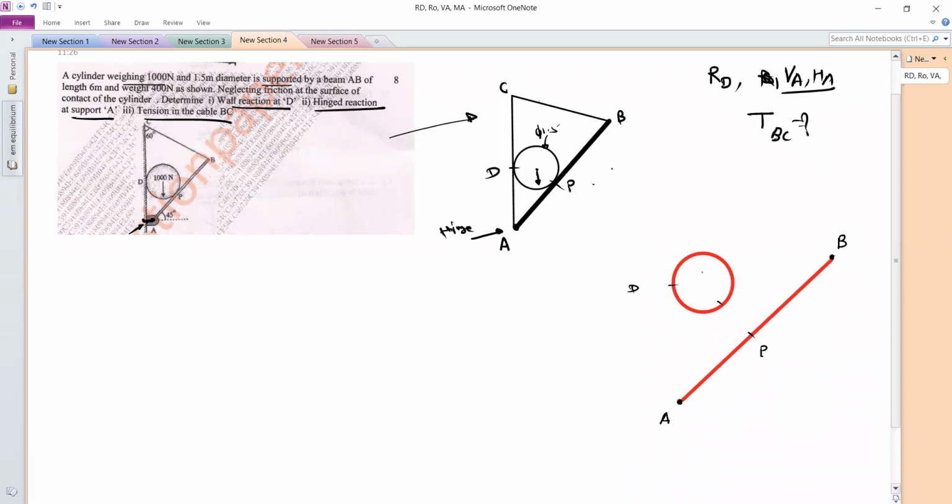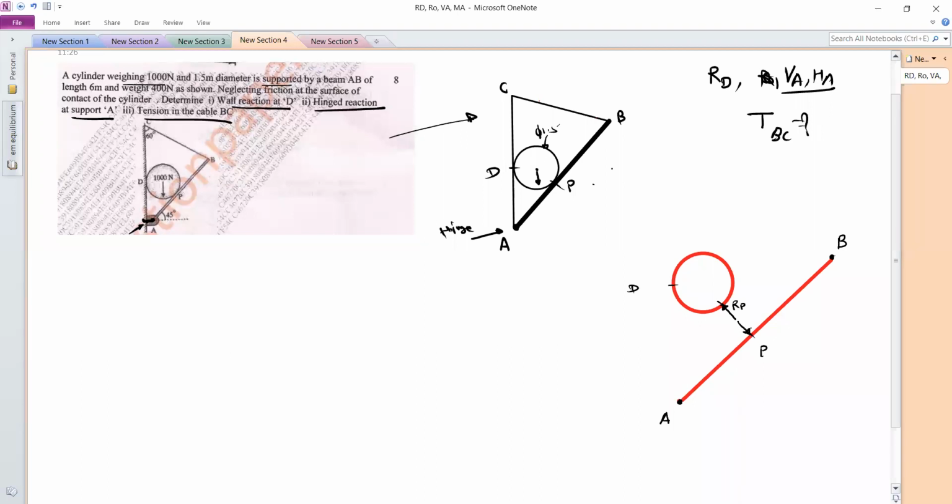As we have isolated the sphere from the rod, we need to show the reaction at this contact point. The reaction is common, so it will be like this. This reaction is RP. It is the same reaction at the point P, just the direction is opposite.